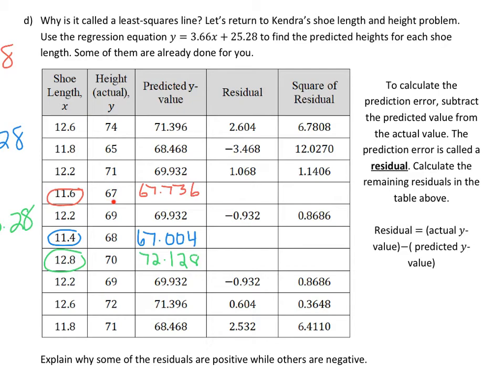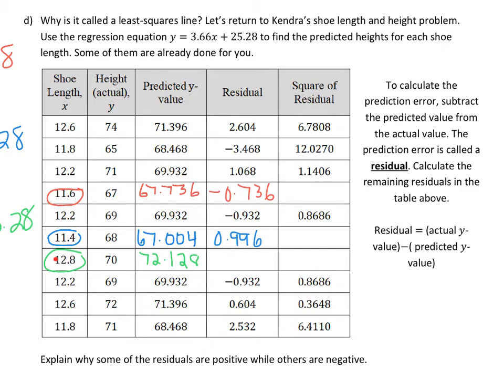So on your calculator, 67 minus 67.736. And when we do that, we end up with a negative 0.736. For our 11.4 value, we have 68 minus 67.004, and we get 0.996.